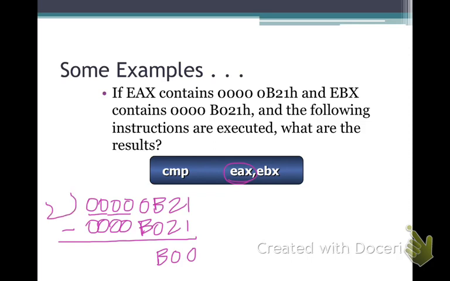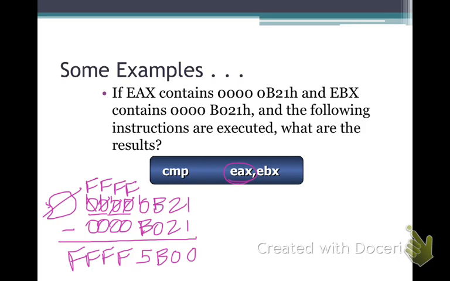So I'm going to have to go to our secret friend out here, borrow a power of 16. They loan it here, I borrow here, and so on down the line. So I've got 16 minus 11 is 5. F minus 0 is F, F, F, F.